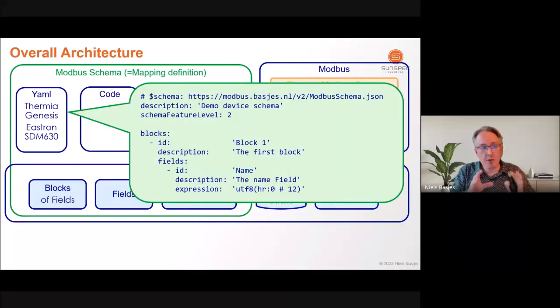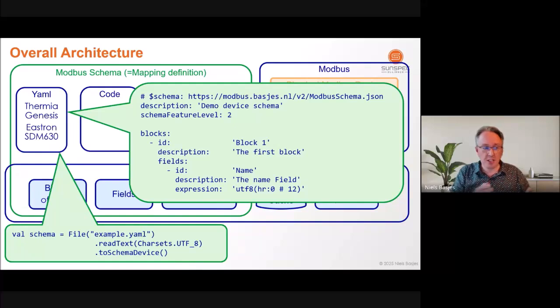That is an open YAML format, which gives you the same functionality. And reading this into actual running code is only this line. It's really open the file, read it as text, and convert it. That makes it really easy to create such an instance and start querying the device.